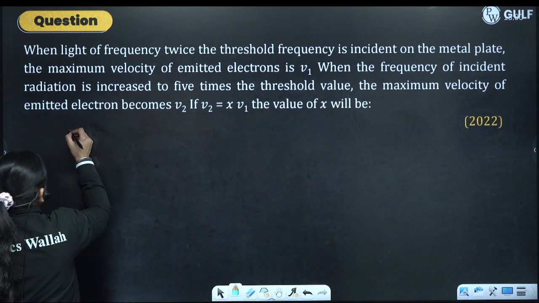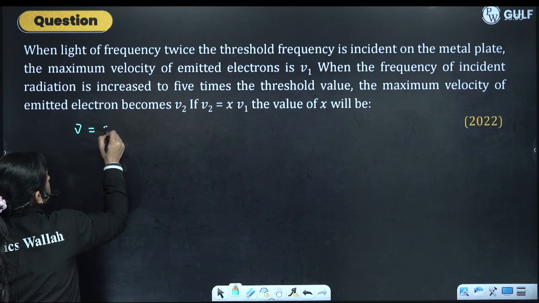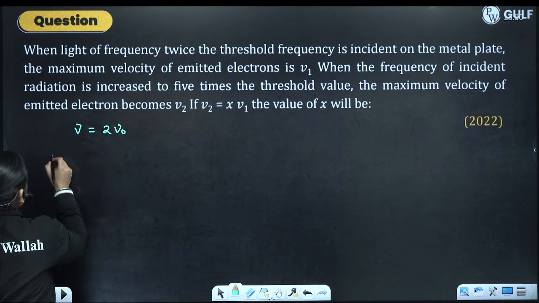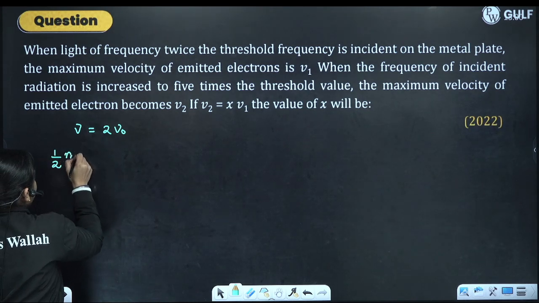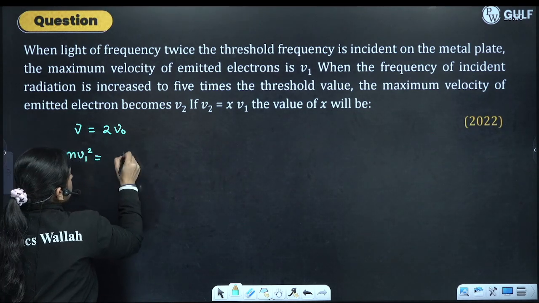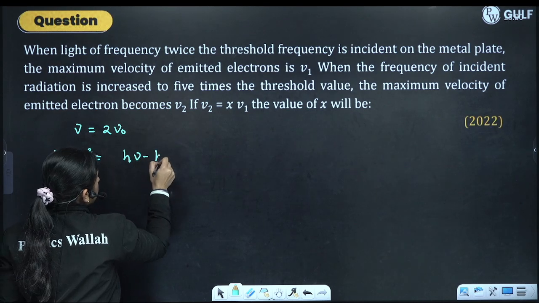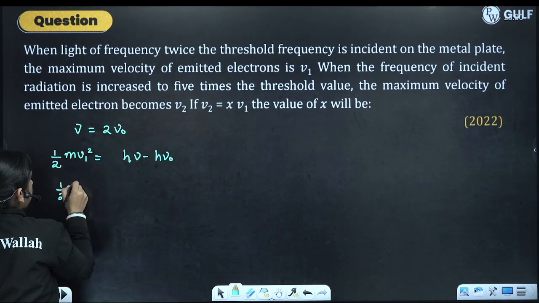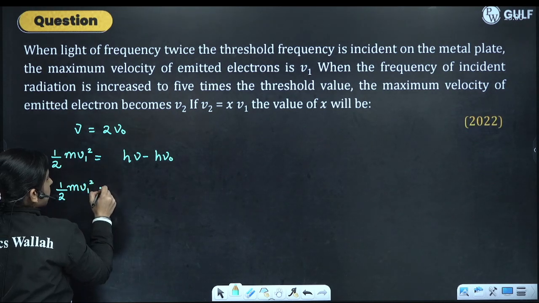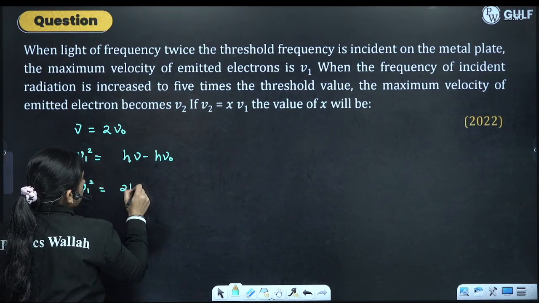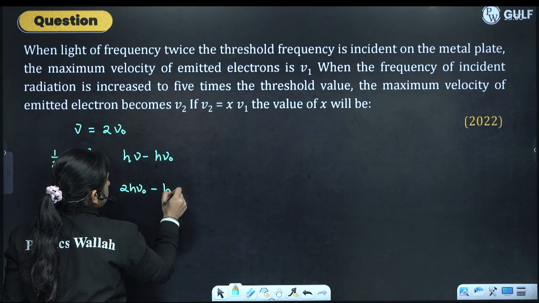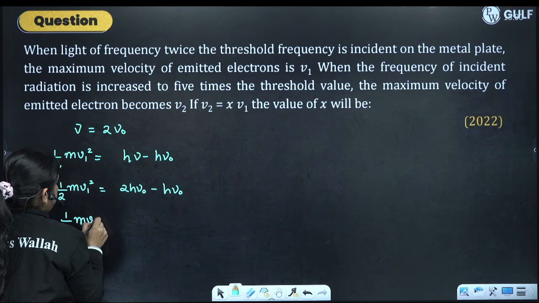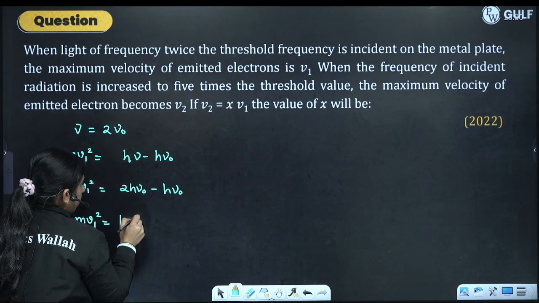So when nu is equal to 2 times the threshold frequency, KE maximum, that is half m V1 square, will be equal to h nu minus h nu naught. So half m V1 square is equal to 2h nu naught minus h nu naught, which gives half m V1 square equal to h nu naught.